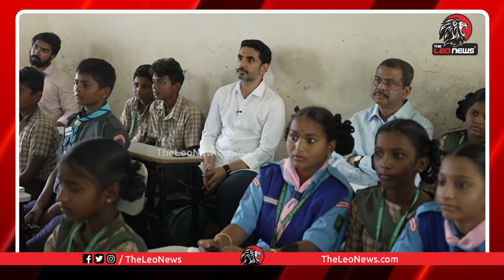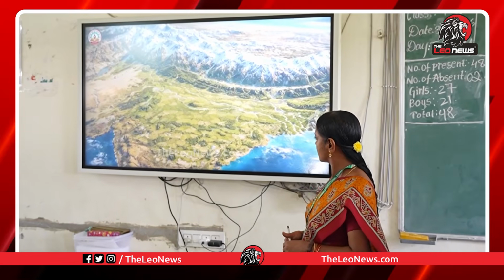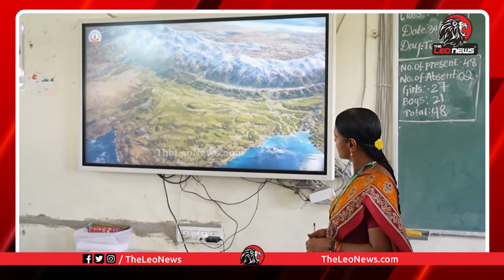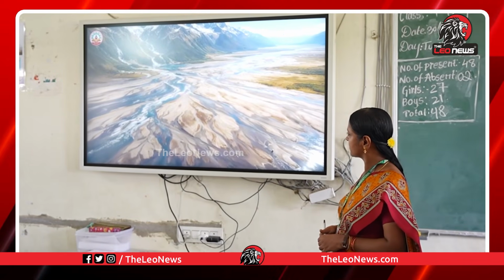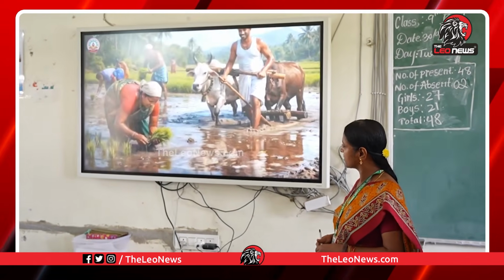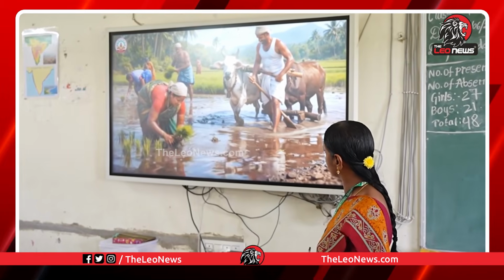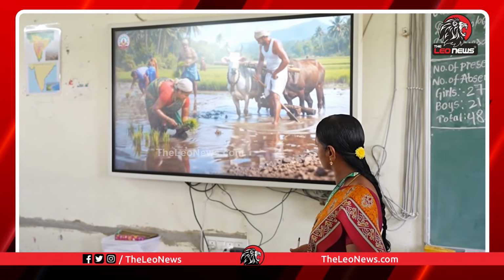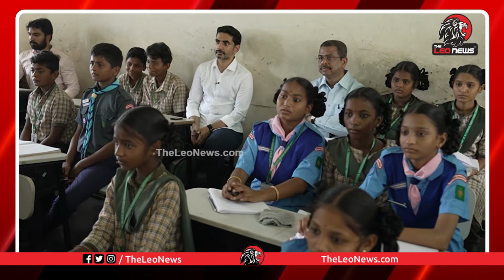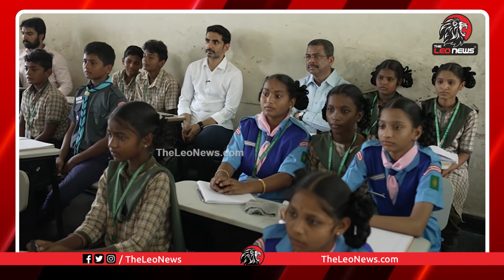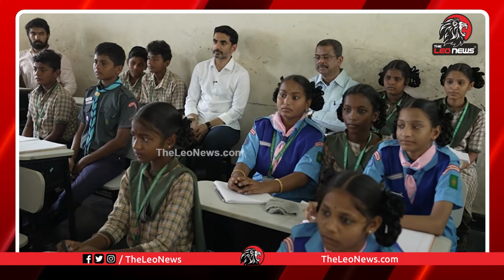Coming down from the mountains, we enter the vast northern plains, formed by the deposits of the Indus, Ganga and Brahmaputra rivers. These plains are flat, fertile and perfect for agriculture. They are divided into three parts. Punjab Plains, the western section, formed by the Indus and its tributaries.